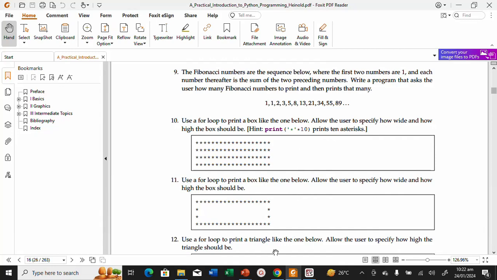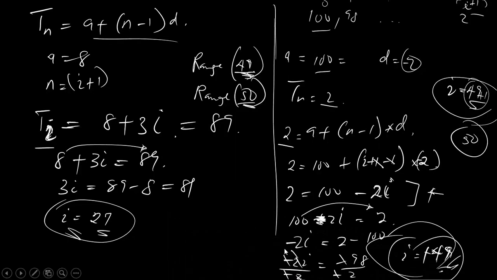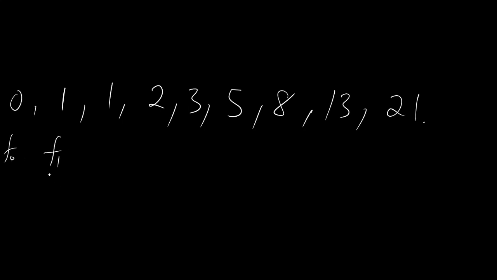So now let's go back to this. The first one is 1, the next one 1, the next one 2, 3, 5, 8, 13, and 21. Now let's assume there's a 0 value here, which is F0, F1.